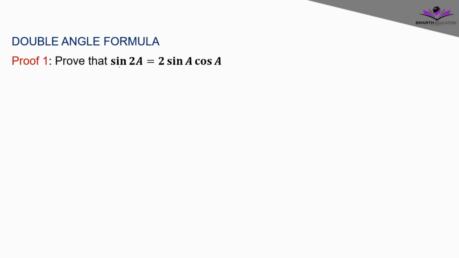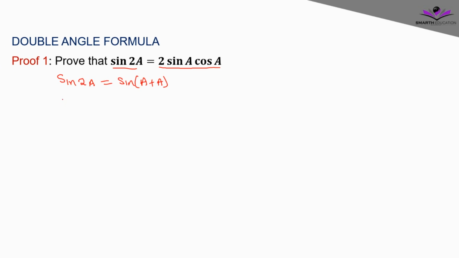We are required to prove that sine 2a is equal to 2 sine a cos a. So we say that sine 2a is just the same as sine a plus a, right?